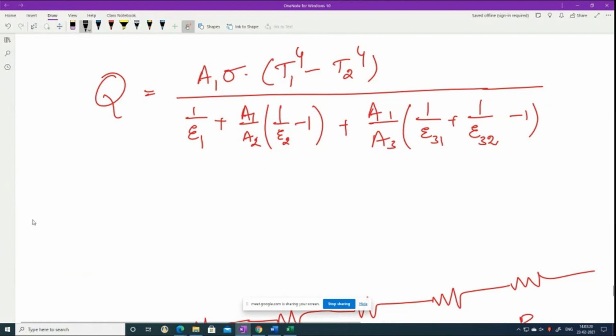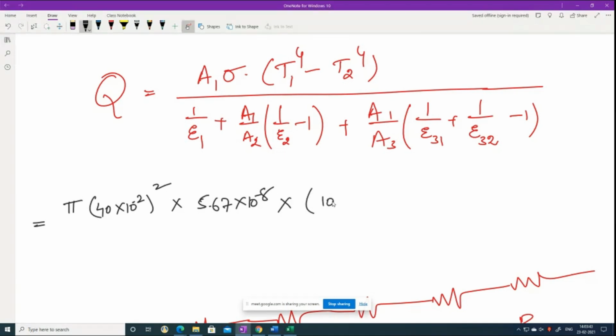I'm writing it here. Area is pi, the d value is 40 centimeters, 40 into 10 to the power of minus 2 whole square, into sigma value 5.67 into 10 to the power of minus 8 watt per meter square Kelvin power 4.